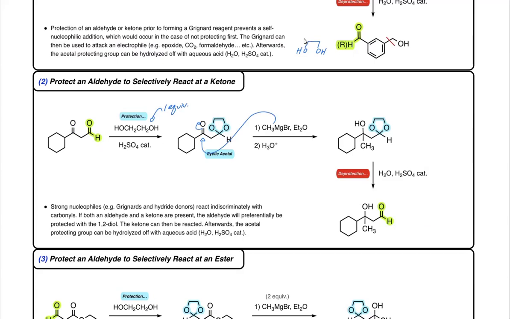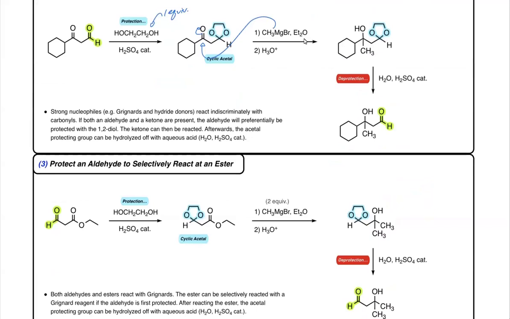At that point, we still have our aldehyde protected. We could then deprotect by reacting with water and acid. We will hydrolyze the acetal, regenerating the aldehyde that we had originally. So instance number 2 is protecting an aldehyde to then selectively react at a ketone. And we protect the aldehyde preferentially because that's the more reactive carbonyl.